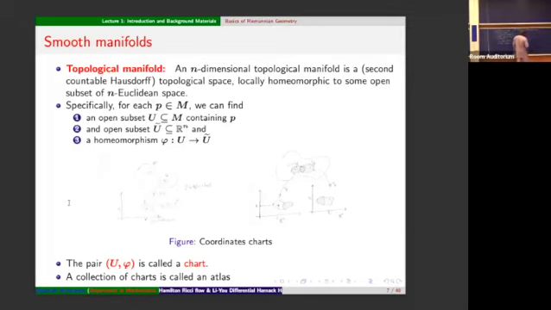We say that M is a topological manifold of n dimension if it has these properties.